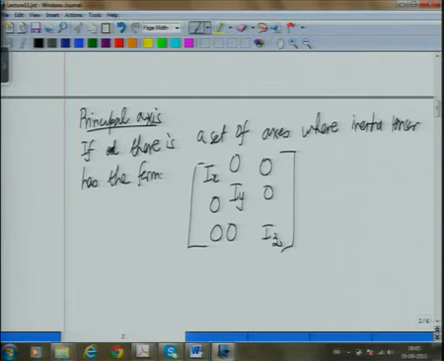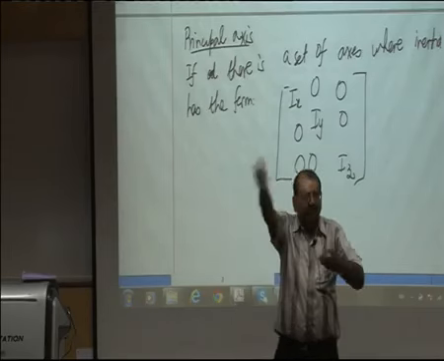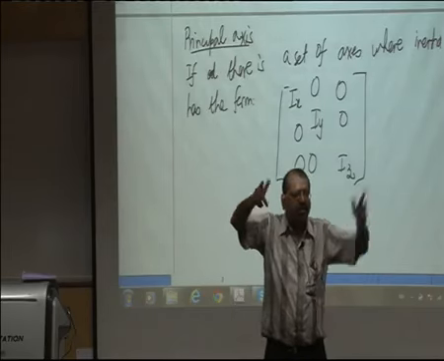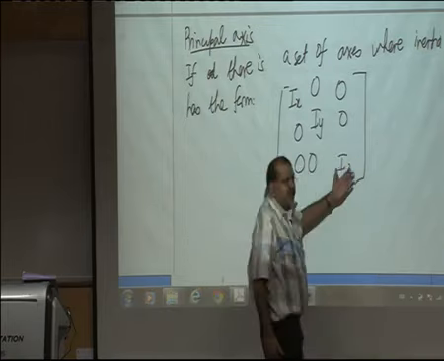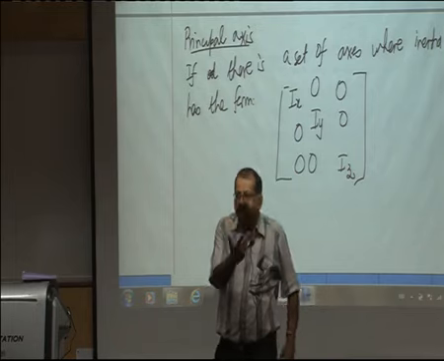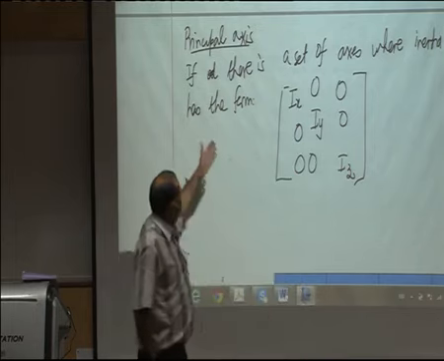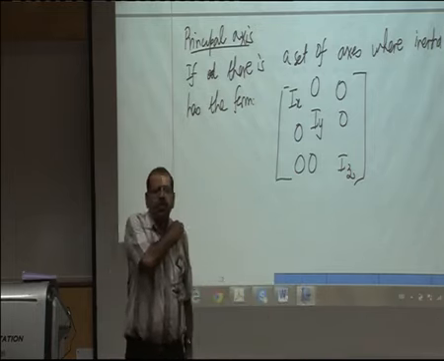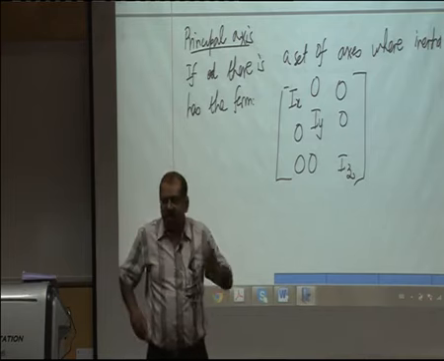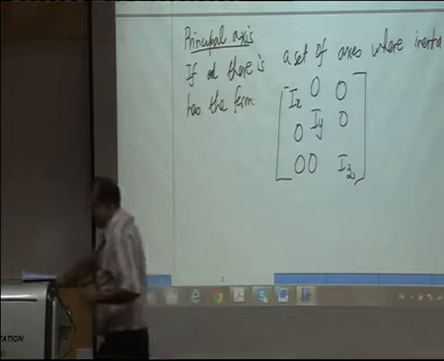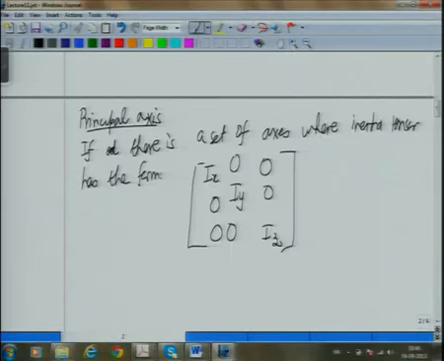I rotate, I have infinite combinations about x prime, y prime, z prime in the previous figure. Suppose I am able to get one particular x, y, z where the inertia matrix takes this form, that means all the products of inertia are 0. And maybe what I can do is I can call it star.